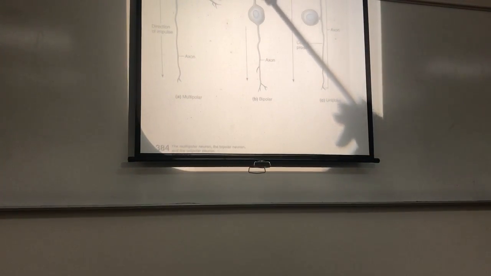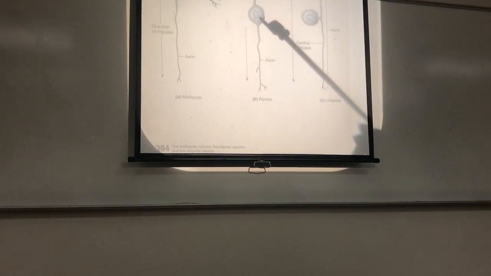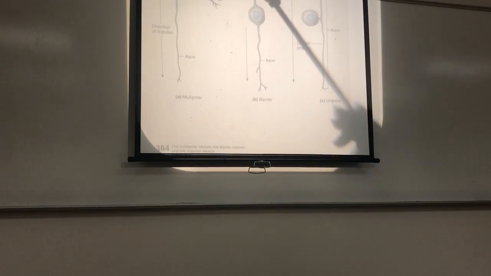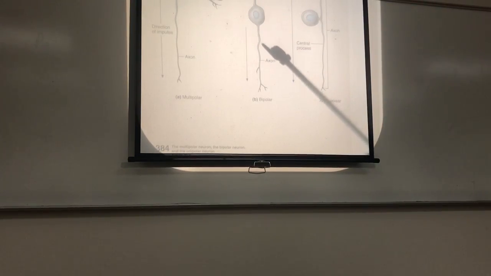Yeah, the second type looks very different. For one thing, the cell body is almost in the center of the cell. So we have a really long dendrite, and then we have an equally long axon. These are called bipolar neurons. And no, they have nothing to do with bipolar disorder.